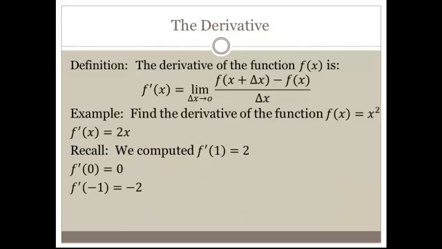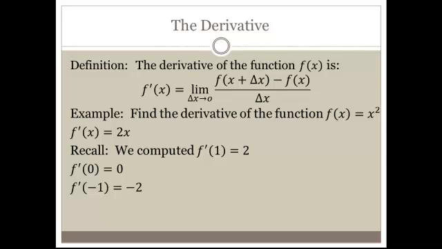F prime of x equals 2x agrees with what we computed earlier. Using our old-fashioned methods, we found that f prime of 1 equals 2. But it took us a while to get it. Now we can compute f prime of 0 and f prime of negative 1 very quickly by simply evaluating the function 2x.